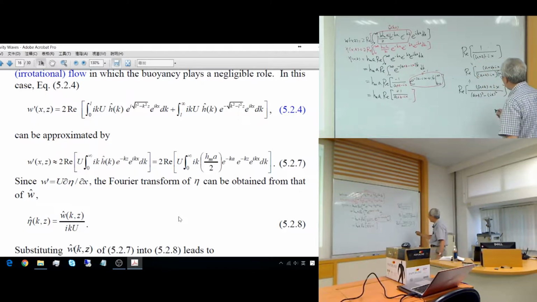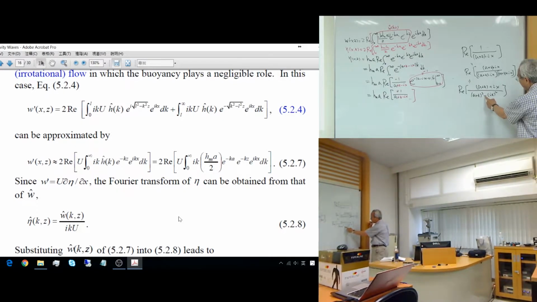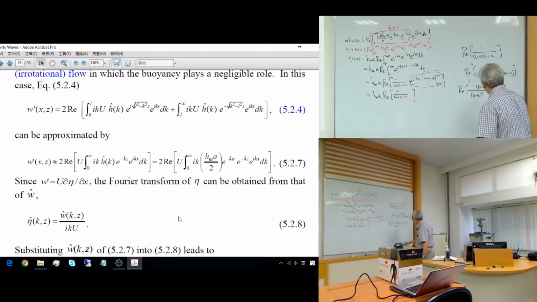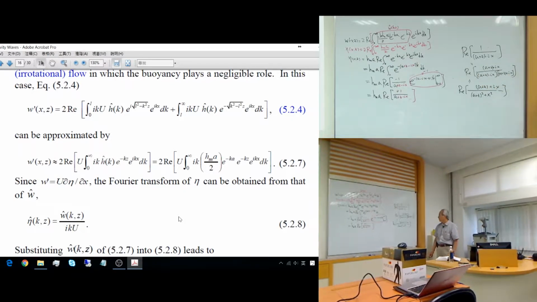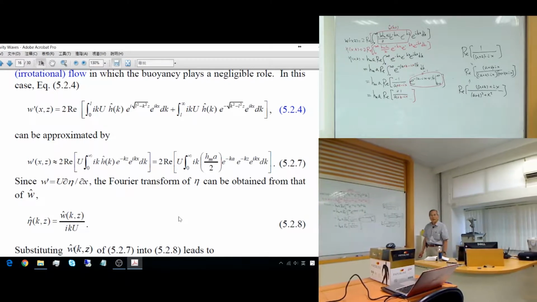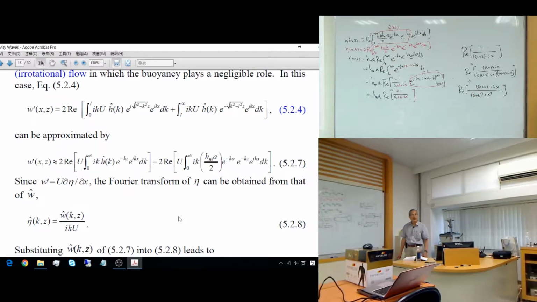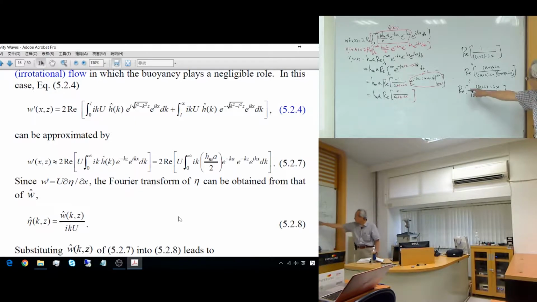What's this? The negative cancels out, so this becomes plus x squared. Agree? And what's the real part of this function?